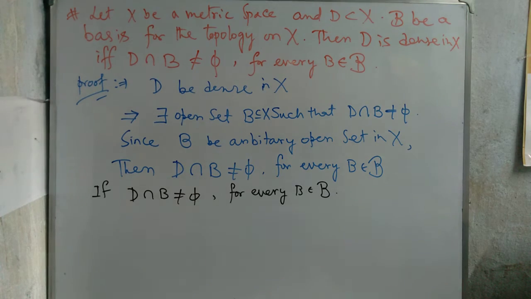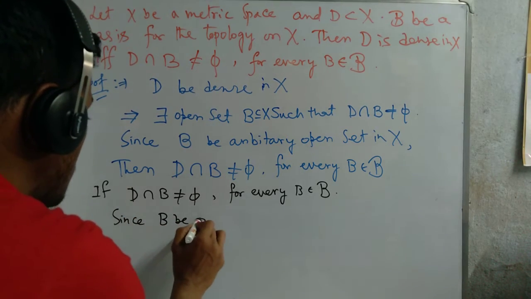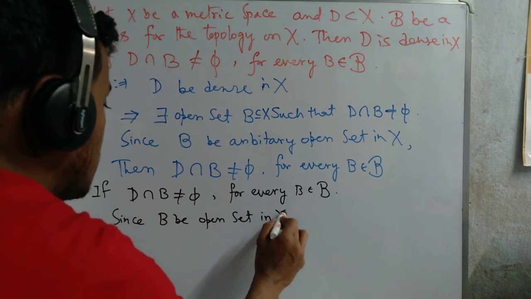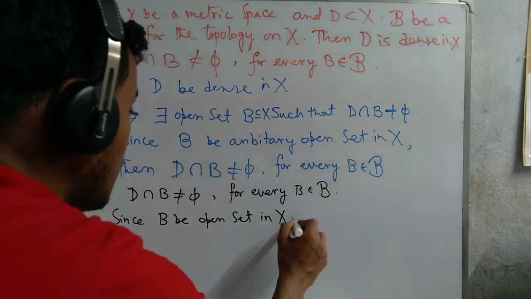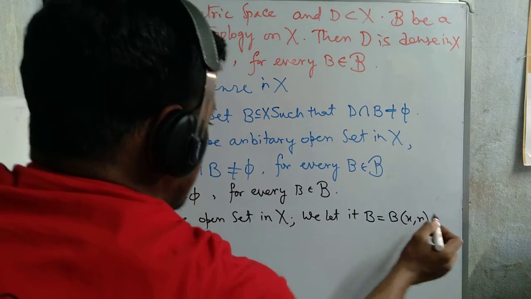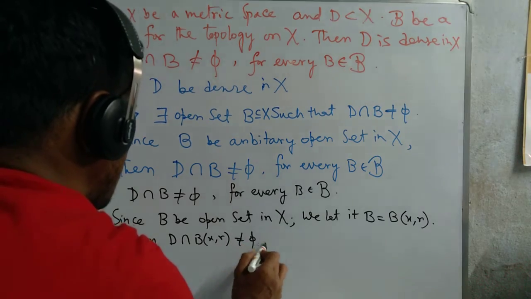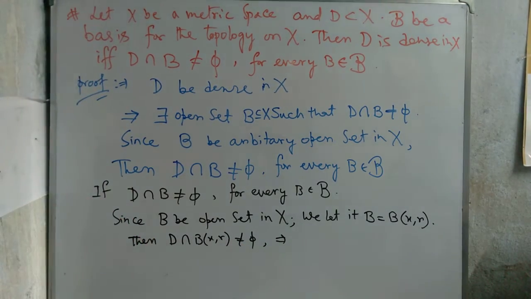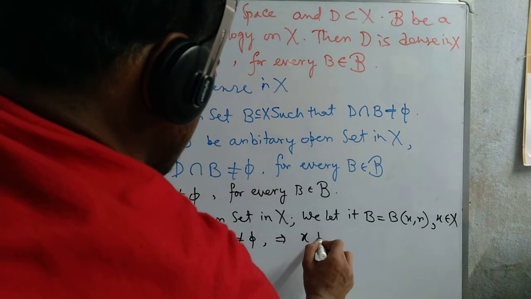Then some open set B, then since B is an open set in X and D intersection B is not equal to phi, we let it be equal to B(x, r), then D intersection B(x, r) is not equal to phi, where x belongs to it.